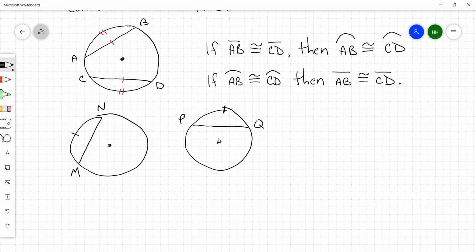All right, if you're given this picture and then you're told that NM is 2x plus 1 and PQ is 3x minus 7, and you're asked to solve for x.